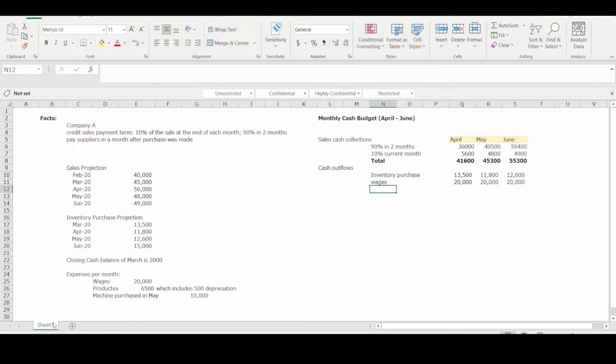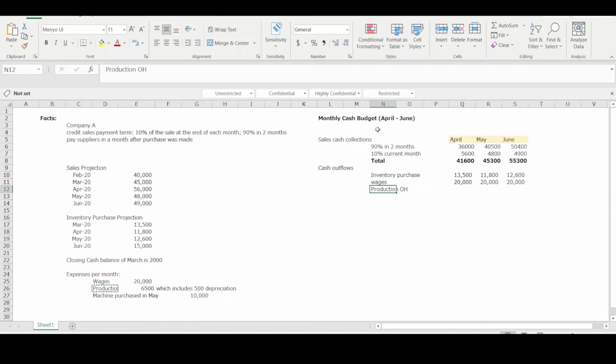And then the next line item is production overhead. Just be very careful with production overhead, because the production overhead total amount is 6,500, but within this 6,500, there are 500 depreciation included, right? And what we're making here is a cash budget. Because it is a cash budget, what we only care about is cash-related transactions.